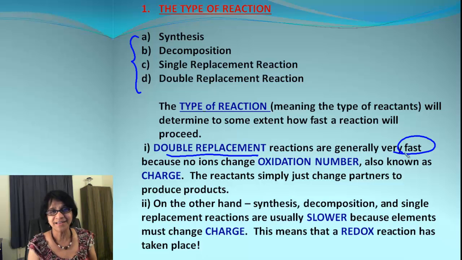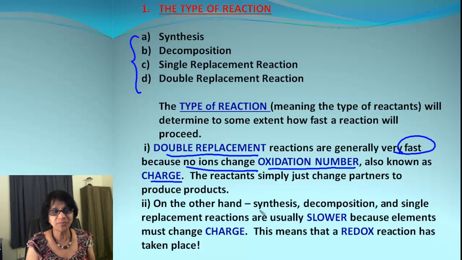And why is that? If you look carefully, there is no change in the ionic charge or the oxidation number from reactants to product side. So, since there is no change in charge or oxidation number, it is much easier process.